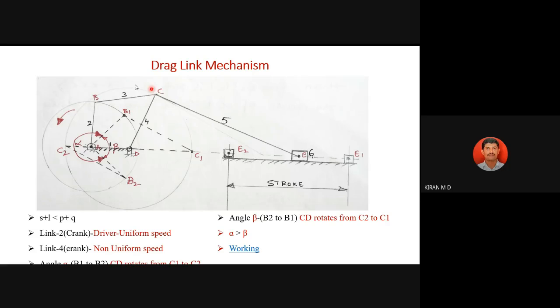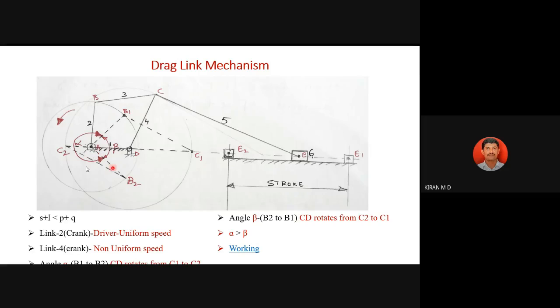When C is here, E reaches E2. Again, when it moves in the clockwise direction, E starts moving from E2 to E1.